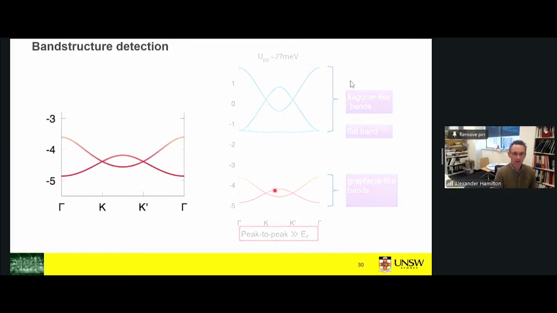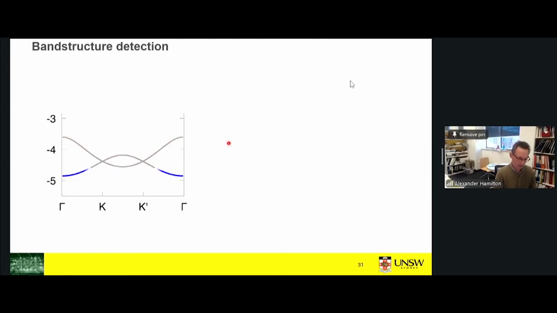Well, if I just look at what's happening down in the graphene-like bands, then what I expect to see is at low energies, I have a parabolic dispersion. So the electrons, the excitations here look like electrons. So if I start with a Fermi surface and I add a few more electrons, that Fermi surface gets bigger, so these will behave as electrons.